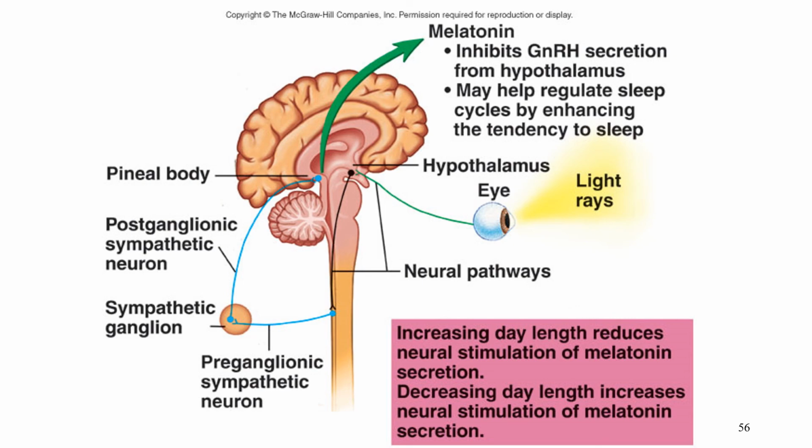So ma-affect si pineal body, magkakaroon ng sending of messages to your postganglionic sympathetic neuron and the sympathetic neuron, and of course your preganglionic sympathetic neuron. So in turn, your pineal body, it produces yung melatonin, which inhibits your gonadotropin releasing hormone secretion from your hypothalamus.